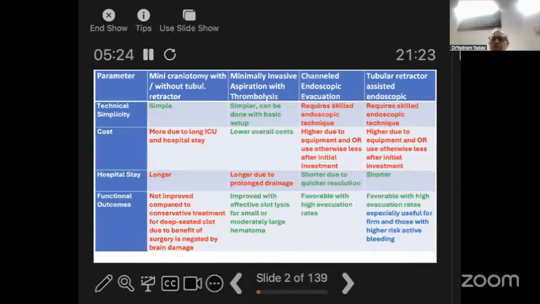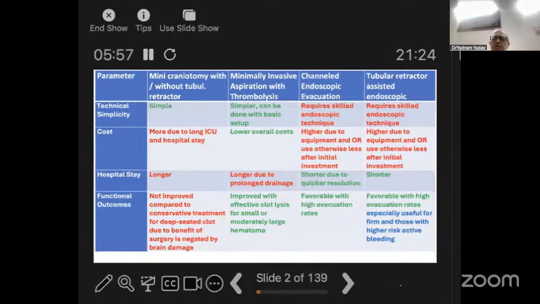MISTIE thrombolysis is a relatively simple procedure and has shown improved outcome for small to medium sized hematomas. So only for small and medium sized hematoma you can do it. If the hematoma is very large, I think it is difficult because it takes more time. So by the time you remove significant hematoma, the damage is already done. But it requires prolonged drainage and carries a high risk of infection.